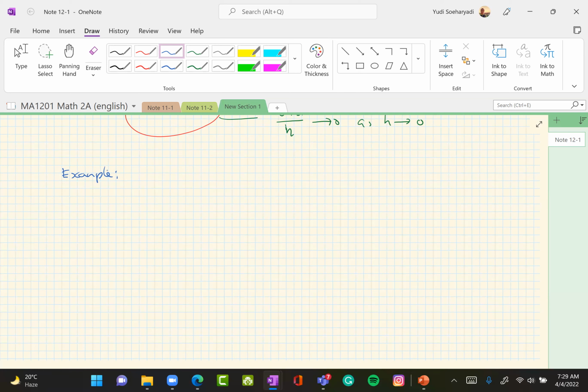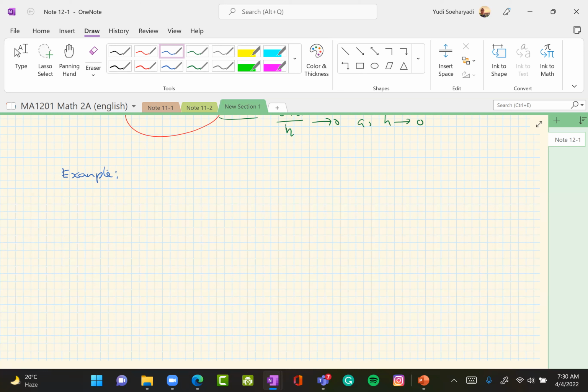What kind of function do you know is not differentiable? The easiest example of non-differentiable. Is y equals the absolute value of x not differentiable, sir?